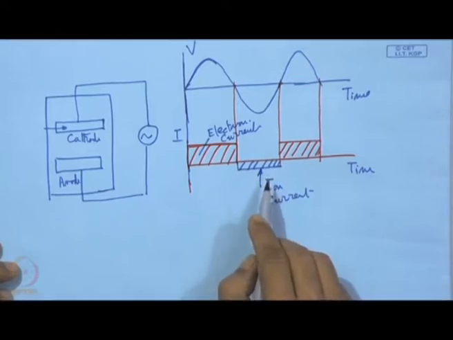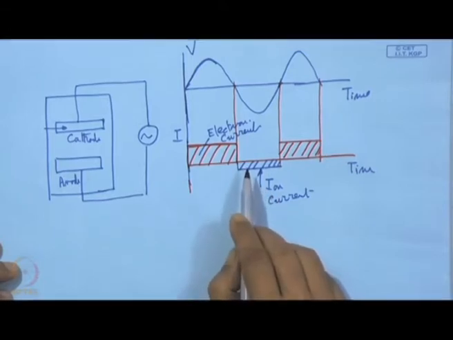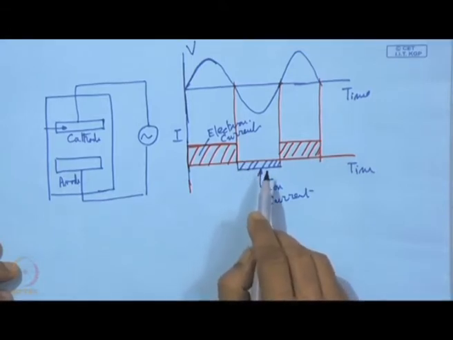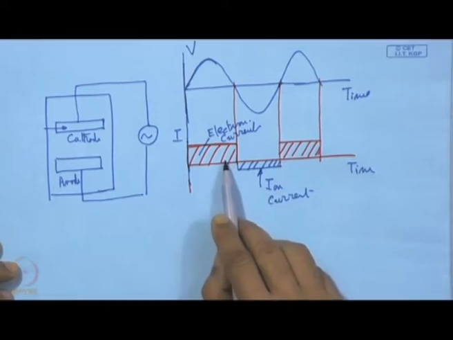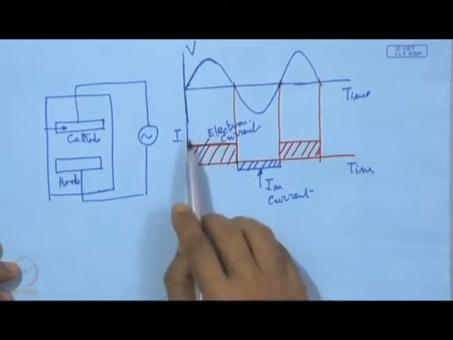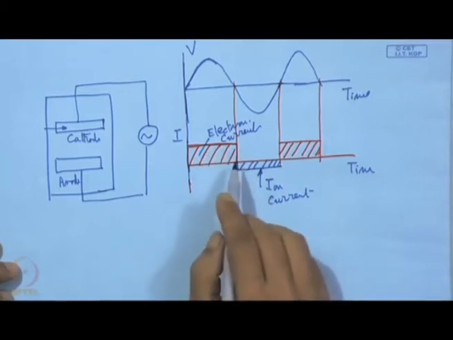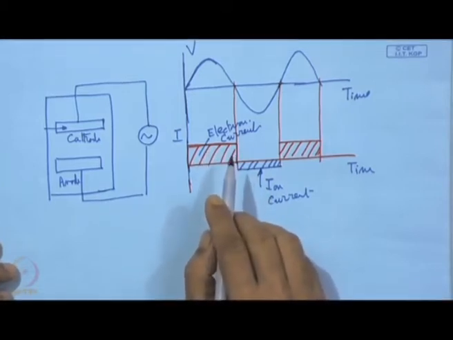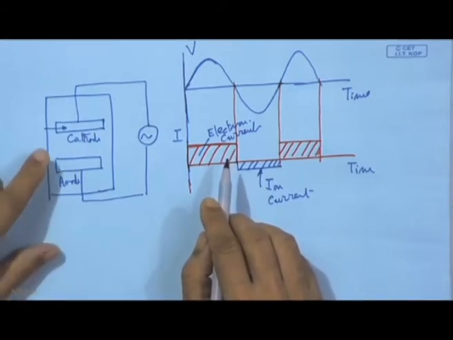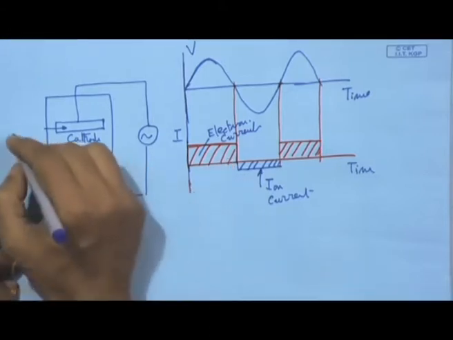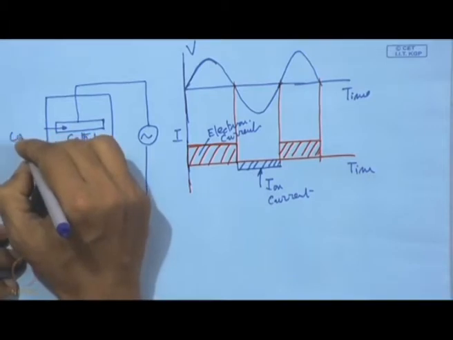So, the less mobility of ion means less amount of ion current, and higher mobility of electron means with the same applied voltage we have larger magnitude of electron current. But one thing is that this will happen if it is a conducting cathode.